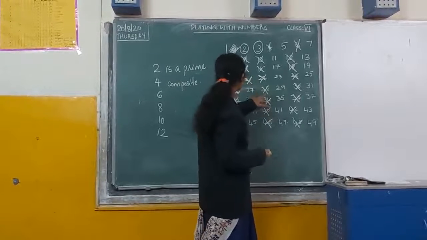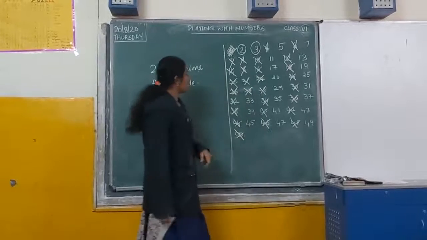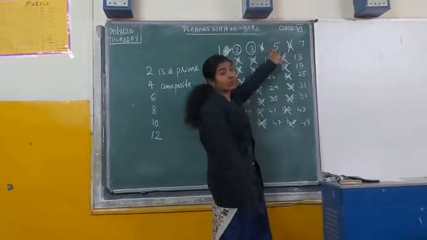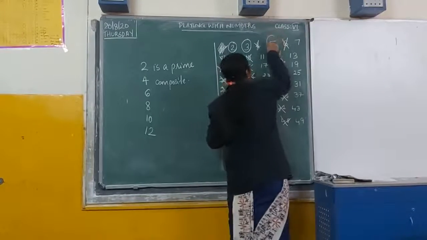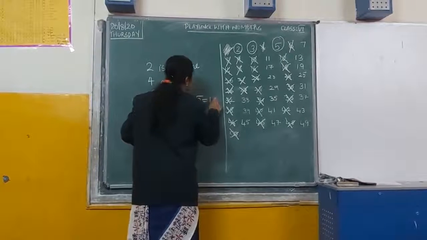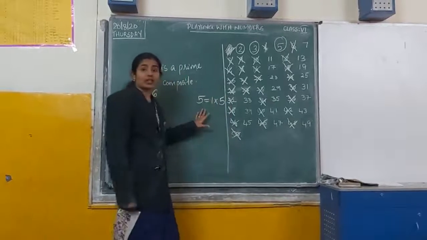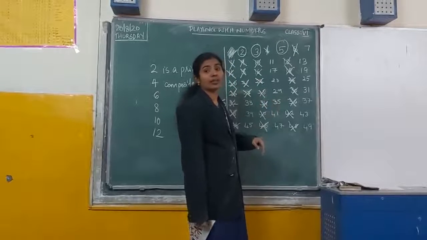Next you can see 27. Next you should round off the prime number. Here you can see 5 is a prime number. What is the reason? Only factors are 1 and 5. So 5 is a prime number, then all its multiples are composite numbers.